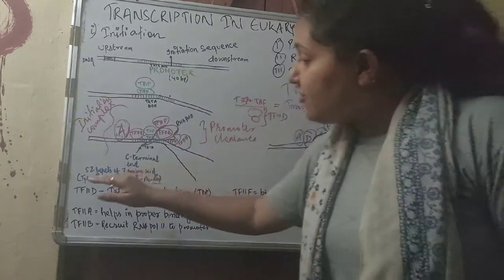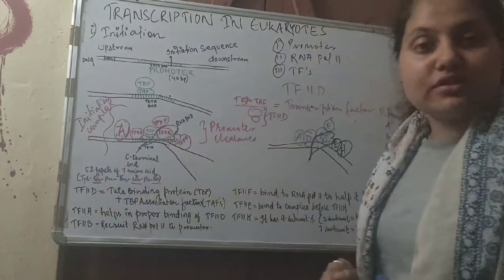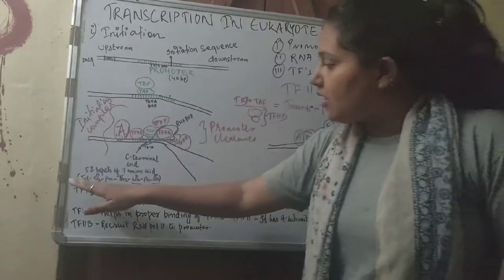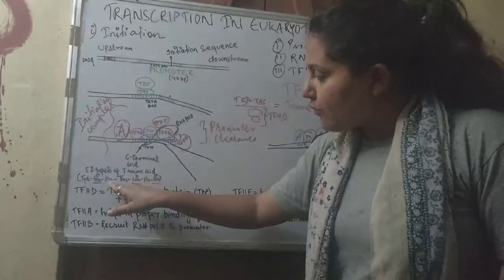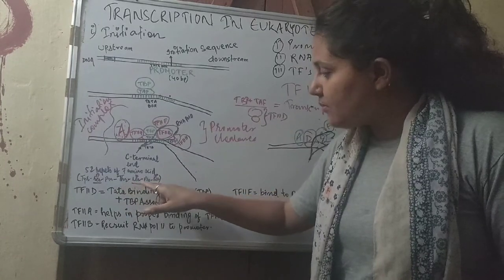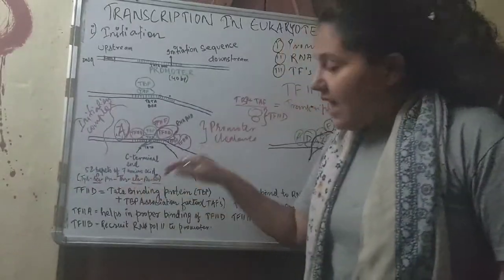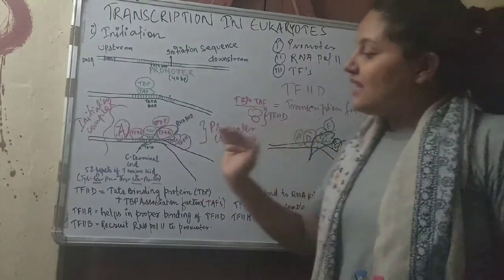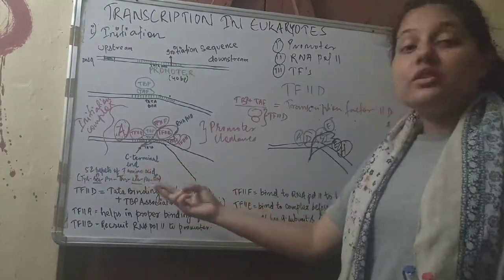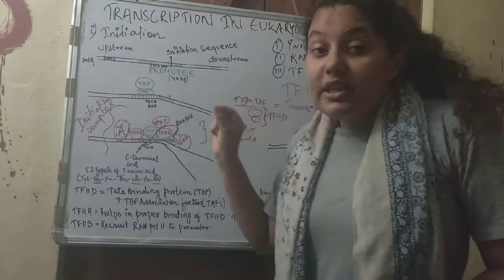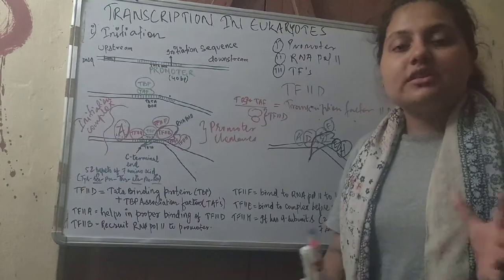In each of the amino acid sequences, there are 3 serine residues, as you can see. These are repeated 52 times, and in each of these sequences there are 3 serine residues, and each serine residue is phosphorylated.